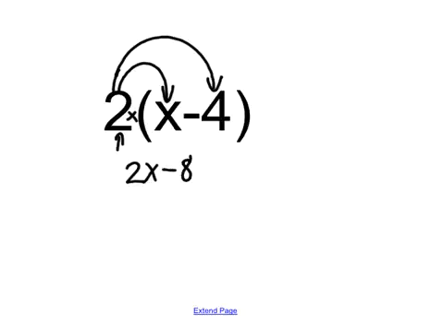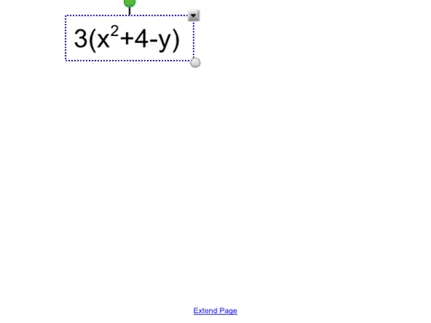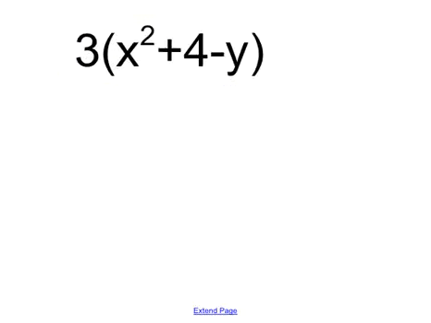This is another example of the distributive property here. Once again, you don't see it, but there's actually a hidden ghostly multiplication sign between this 3 and this bracket right here. But I'm going to, again, multiply this 3 times this x squared, this 3 times this 4, and this 3 times this negative y.